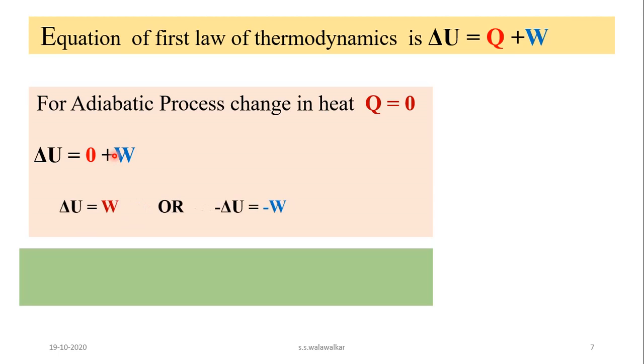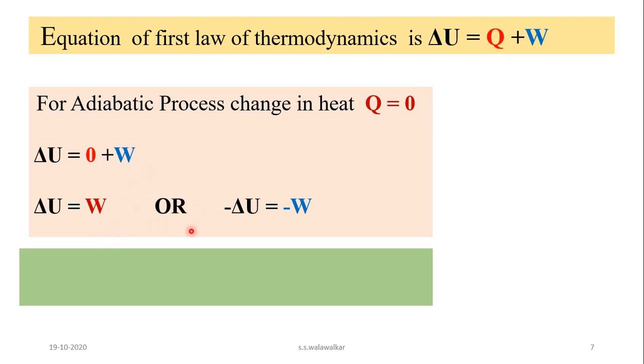That means delta U is equal to W. That means increase in internal energy is utilized to do the work on the system.